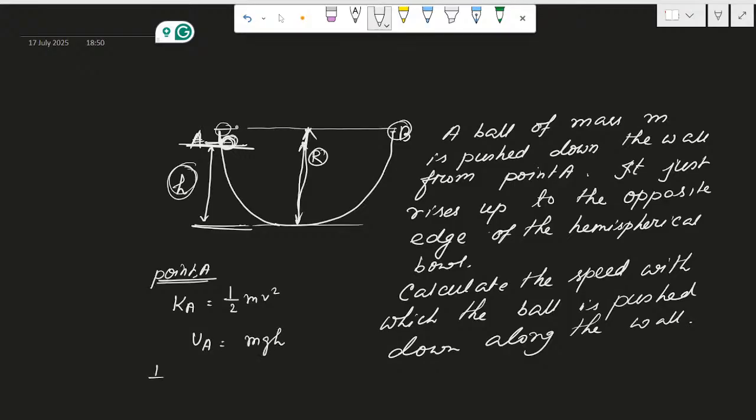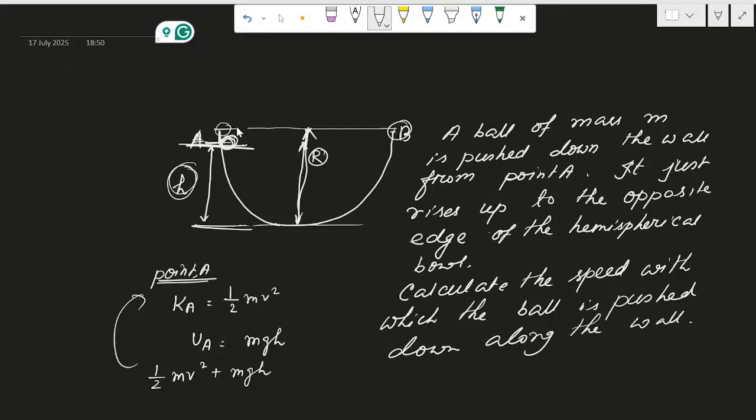So the total energy at point A is half mv square plus mgh, and that should be the total energy at point B.